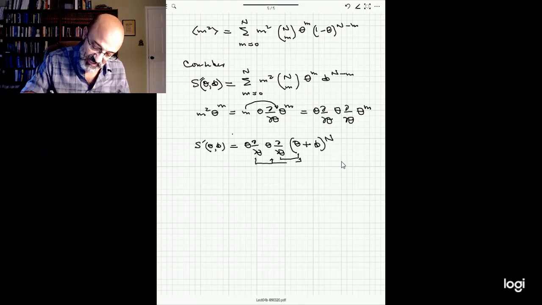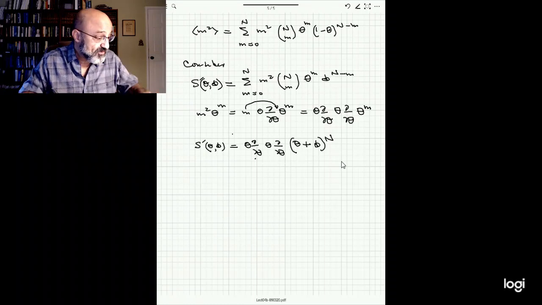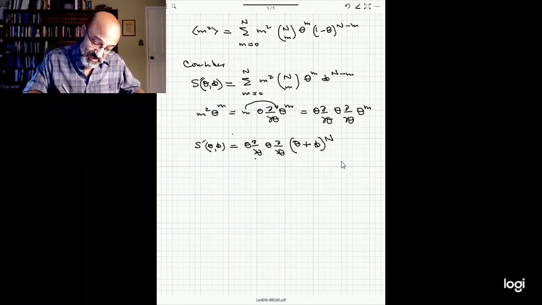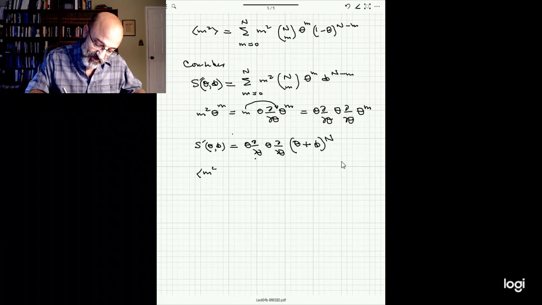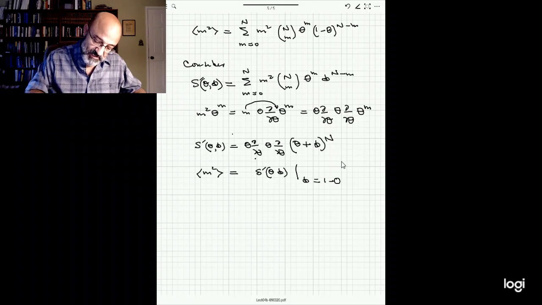When you actually do that, the answer is pretty straightforward. The expected value of m squared is this quantity S prime of theta and phi, evaluated at phi equals 1 minus theta.